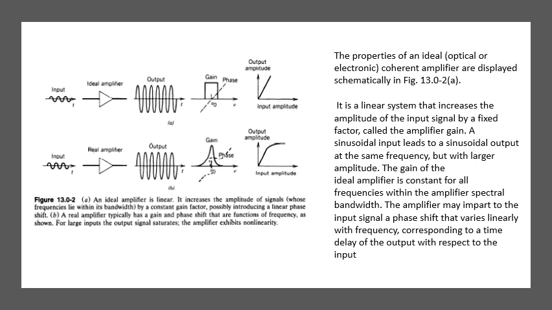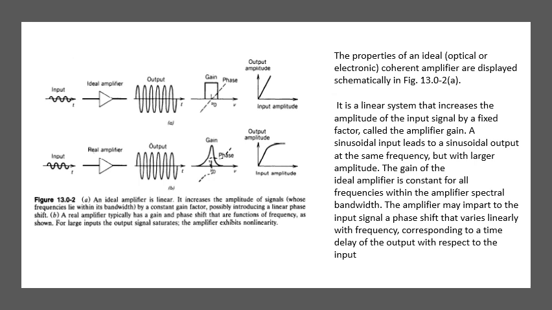Here that is important: amplitude is increasing. The gain of the ideal amplifier is constant for all frequencies within the amplifier spectral bandwidth. The amplifier may impart to the input signal a phase shift that varies linearly with frequency, corresponding to a time delay of the output. In this figure, an ideal amplifier is shown, which is linear.